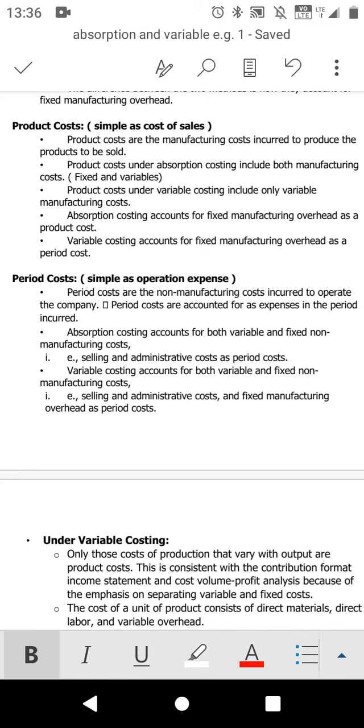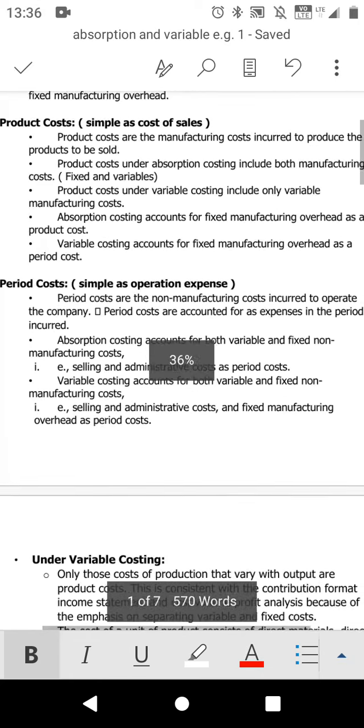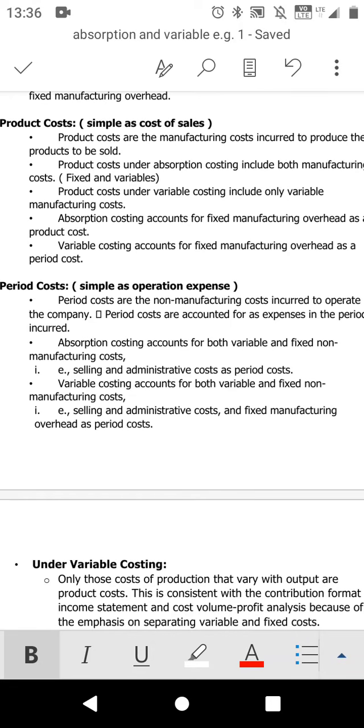What is period cost? Simply, it is operating expense. If we are talking about operating expense, these are not the cost of sales and not the product cost. You know operating expenses under the income statement come after we have calculated the gross profit.